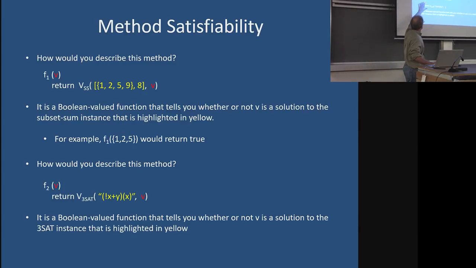F2 just takes a proposed solution. It already has the instance built into it, and it just reports whether V is a solution to the instance built into the method. So it's more specialized: a verification algorithm just for this instance.